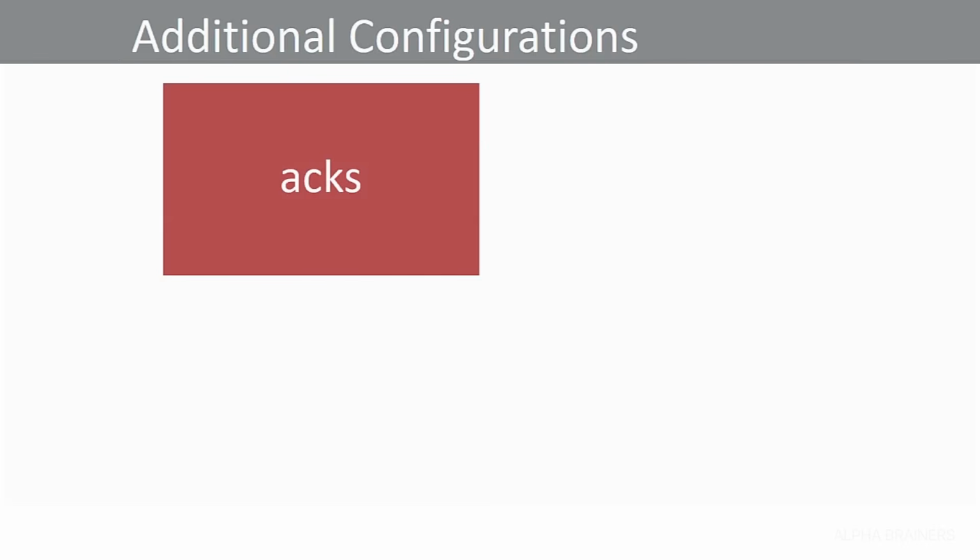Now, as far as additional configurations are concerned, let me just talk about a few in general. Most of these we're going to talk about in more detail later on, but I just want to give you an idea of some other ones that you might consider, at least the most important ones, I think, overall. One is going to be acks, an abbreviation for acknowledgement.